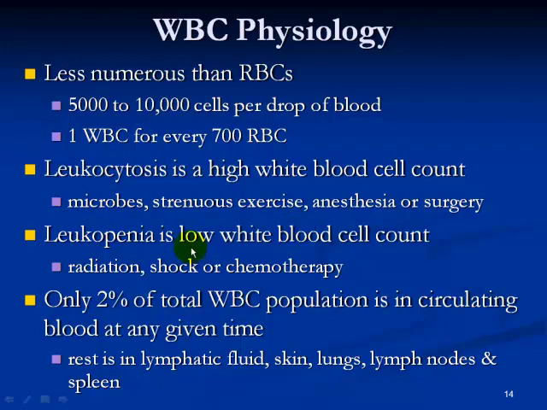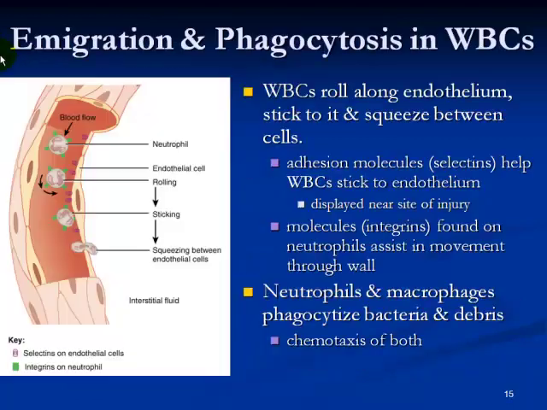Leukopenia is low white blood cell count, and this could be due to radiation, shock, or chemotherapy. And again, this is primarily cancer treatment. About 2% of the white blood cell population is circulating in the blood at any given time. The rest is going to be found in lymphatic fluid, skin, lungs, lymph nodes, and the spleen.